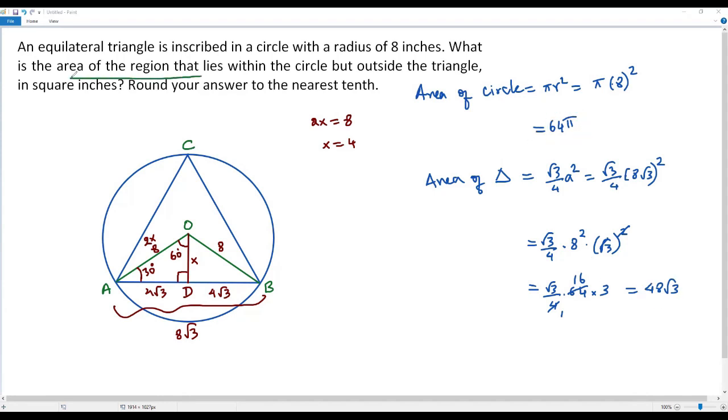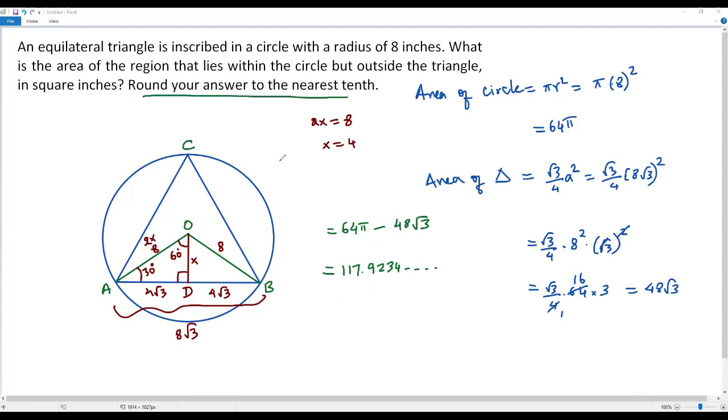Now, to get the area of the region that lies within the circle but outside the triangle, as we have planned already, we have to subtract the area of the equilateral triangle from the area of the circle. Okay, let me do it. 64 pi negative 48 times square root of 3. Now we can use the Desmos graphing calculator to evaluate the value of this expression. When I use the Desmos graphing calculator, I am getting 117.9234 and it keeps going.